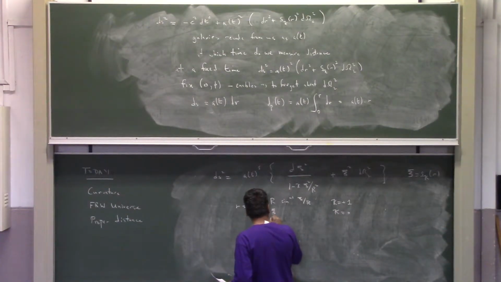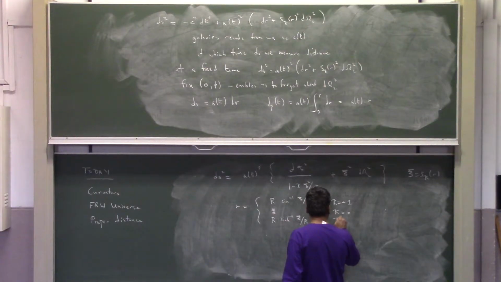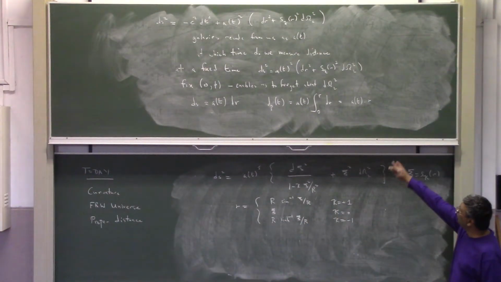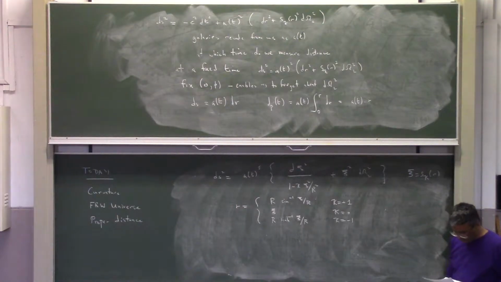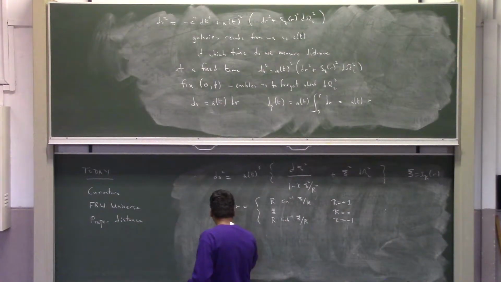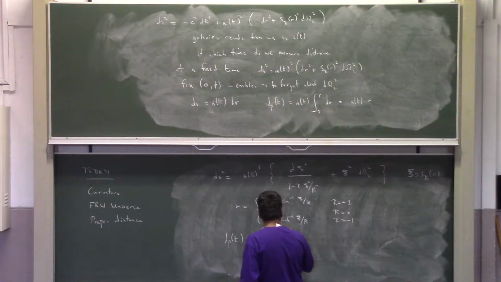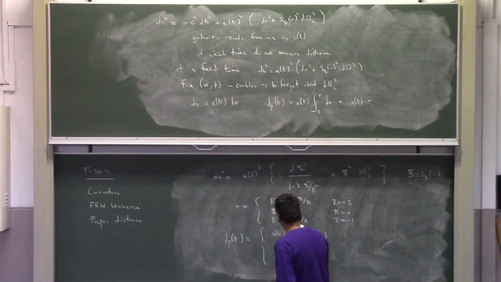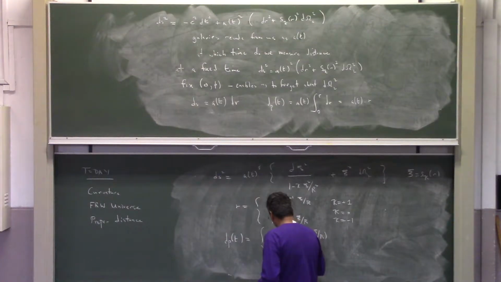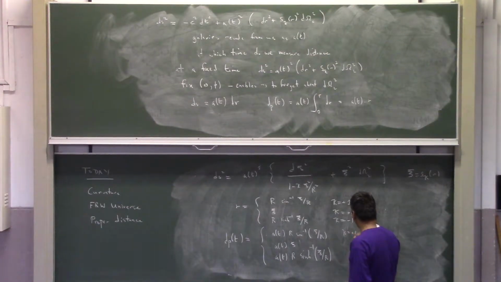And r is equal to R sinh inverse of c over R, if kappa is minus 1. So the r you use to measure the proper distance depends upon the value of kappa. Okay? So dp of t equals A of t R sine inverse of c over R, A of t c, or A of t R sinh inverse of c over R, depending upon the kappa, plus 1, 0, or minus 1.